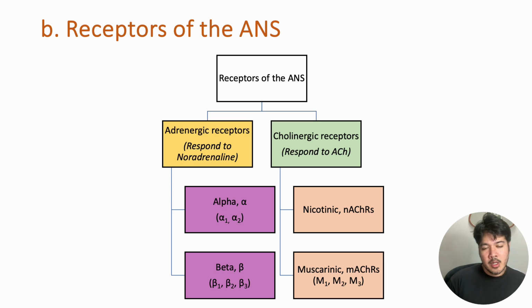All right, so we'll talk about receptors now. It's pretty straightforward when we think about the receptors. Cholinergic, remember, means to do with acetylcholine. Acetylcholine has cholinergic receptors, whereas noradrenaline or adrenaline responds to adrenergic receptors.